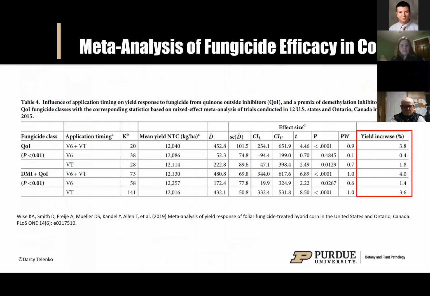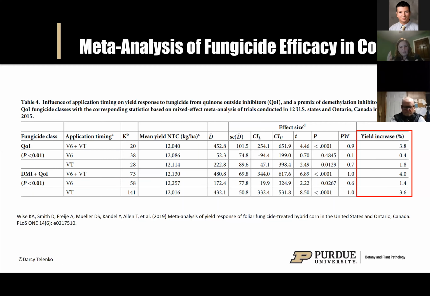They looked at 2 different fungicide classes, the QOIs and then the DMIs plus the QOIs, and then 3 different timings: V6 plus VT, so we were hitting that field twice with a fungicide application, V6 alone, and then VT.